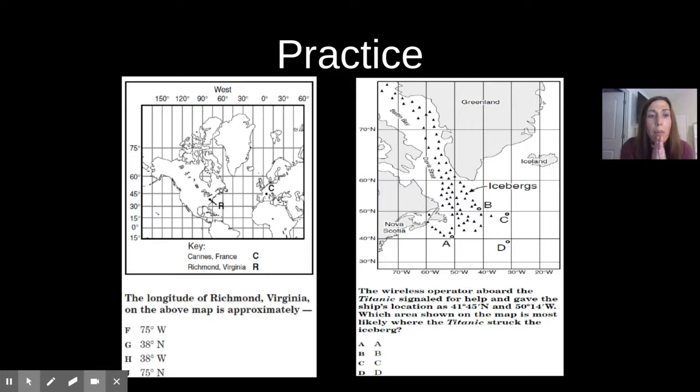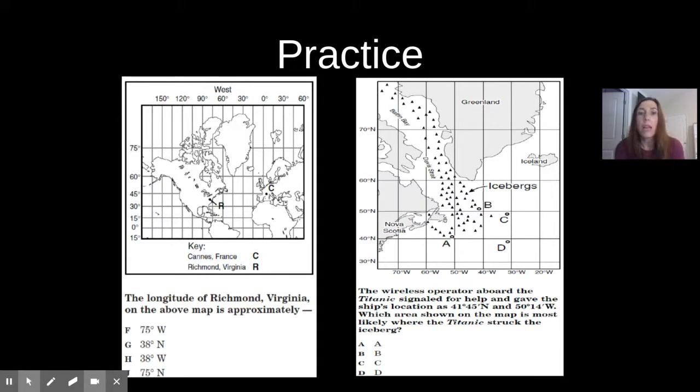So that means that our best answer there is going to be 75 degrees. And is it west or north? So longitude lines, remember, measure east and west of the prime meridian. So if we're looking at longitude, we are looking at degrees west. So the answer there is F, 75 degrees west.